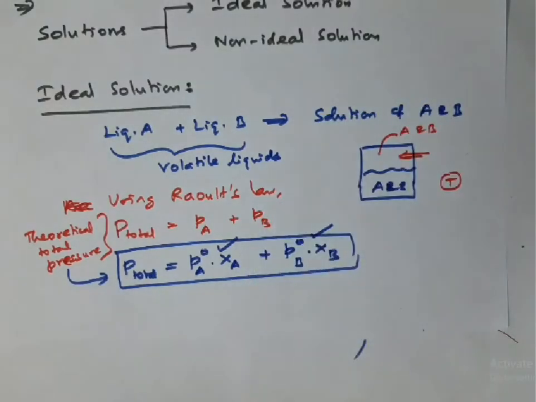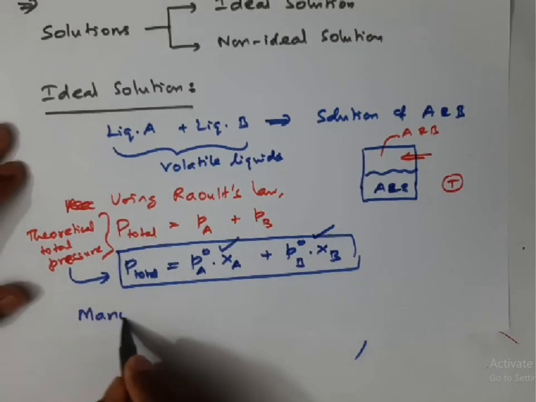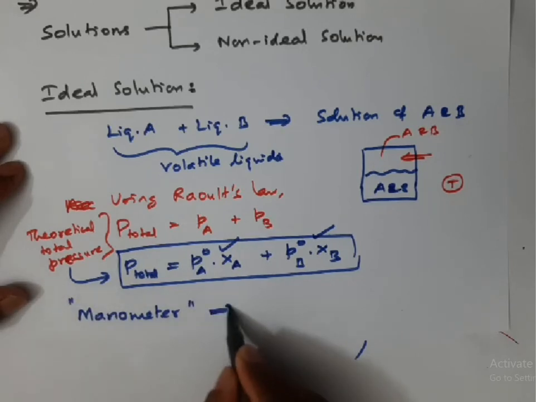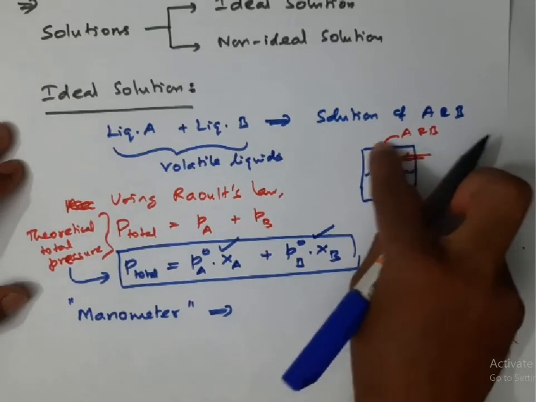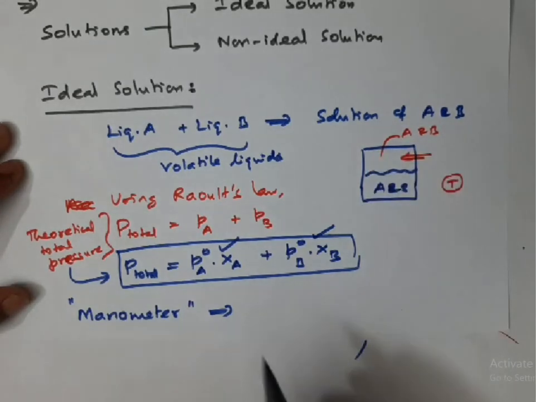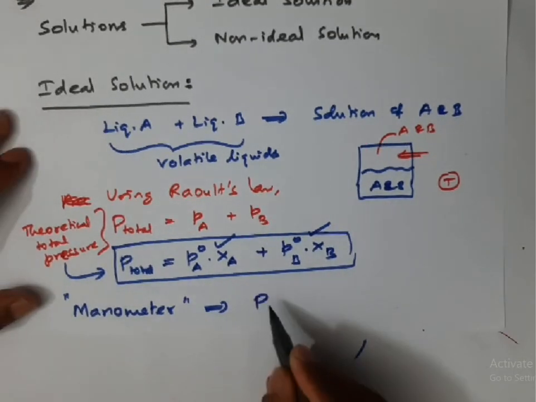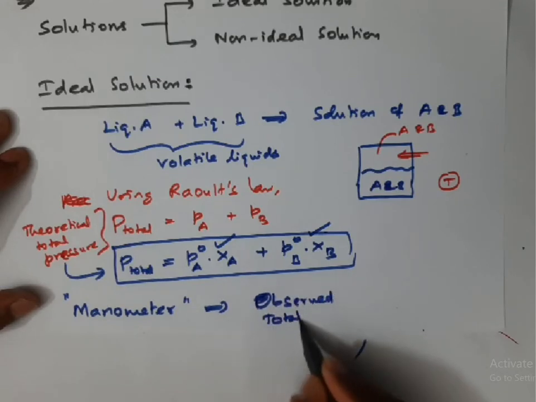Now I am going to measure the pressure of the vapor using some instrument. Actually, we have an instrument called a manometer. Using the manometer, we can measure the actual pressure of the vapor above the liquid. Let me call that the observed pressure or experimental vapor pressure.